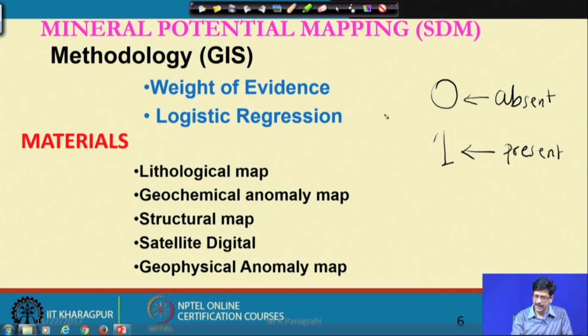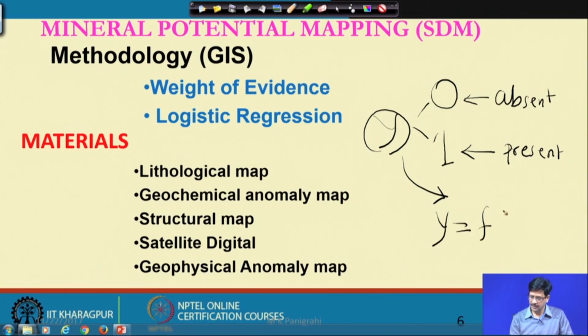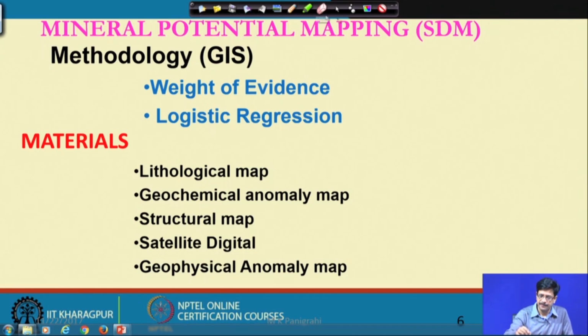If this is our y, then this y can be fit to be a function of x, where this x could be representing all the attributes, all the geological elements, or whatever data you could quantify. And I would not go into any of the details of this methodology.